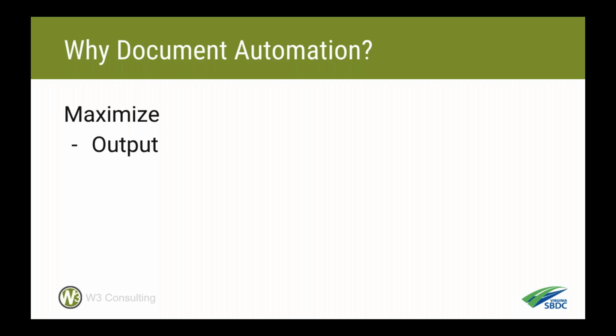The last time, I'm guessing many of you who are listening have sat down and handwritten a letter over and over and over again, maybe Christmas cards, you've done that. You know how laborious it is to do output and how inefficient it is. So document automation can allow us to generate a lot more output much faster and much more effectively. You could do it with speed and accuracy that we can't do.